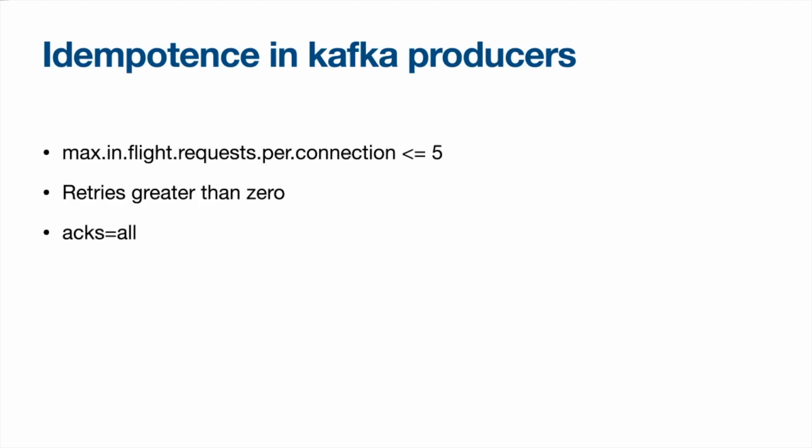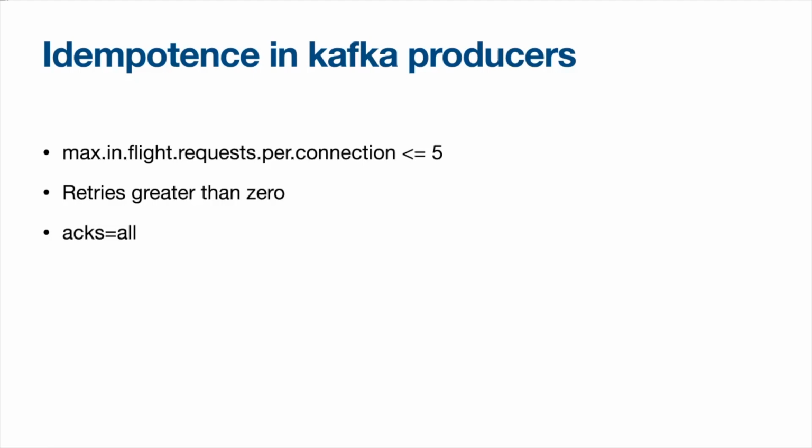So in order to have idempotence, your max in-flight request per connection should be less than or equal to 5, the number of retries should be greater than 0, and your acknowledgement of in-sync replicas should be equal to all. So what do I mean by this?